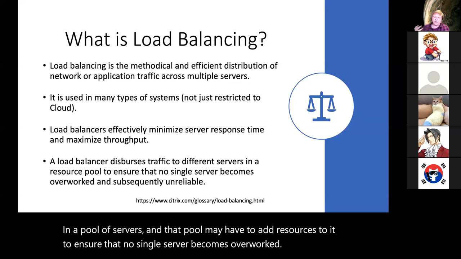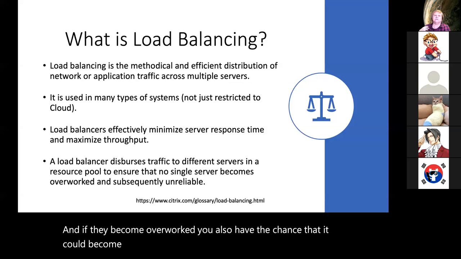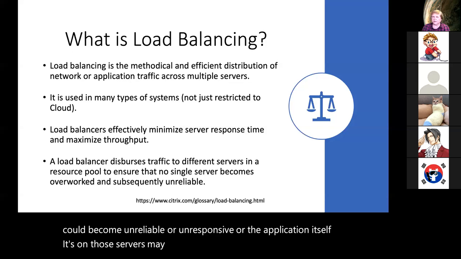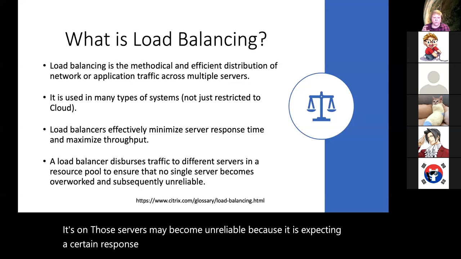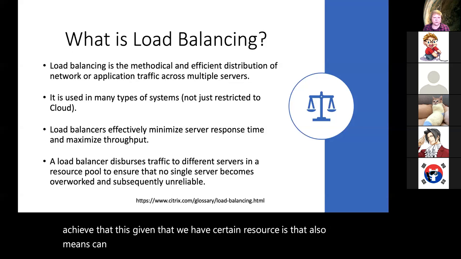And if they become overworked, you also have the chance that it could become unreliable or unresponsive, or the application itself that's on those servers may become unreliable because it is expecting a certain response rate. So with load balancing, the idea is how can we achieve this given that we have certain resources? That also means, can we increase or decrease those resources?